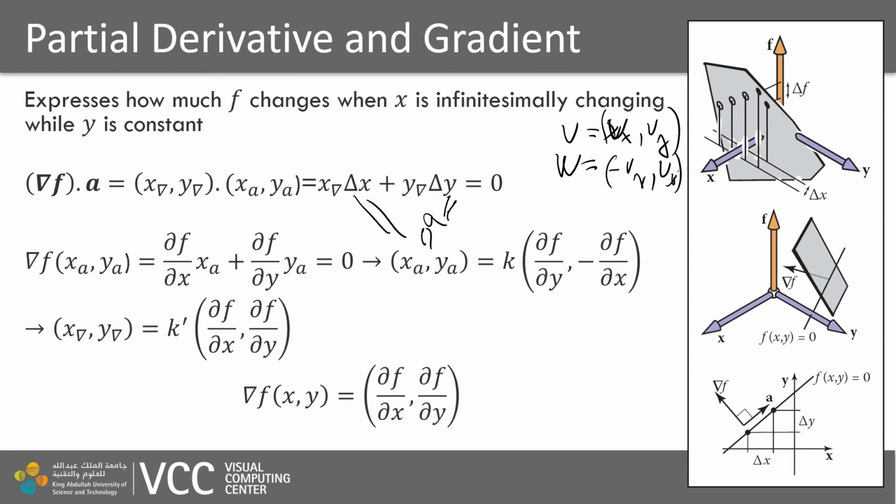This also implies that the gradient coordinates of x and y need to be, as they are perpendicular, k prime times the partial derivative in one dimension and the partial derivative in another dimension. And from this, the consequence is that as this k can be any positive value, let's take the value 1, the gradient of the function is defined by its partial derivatives.